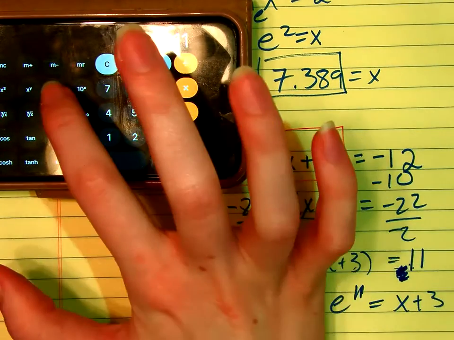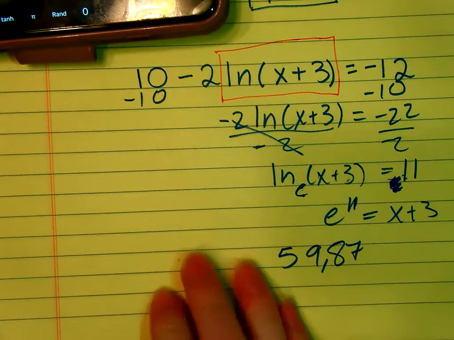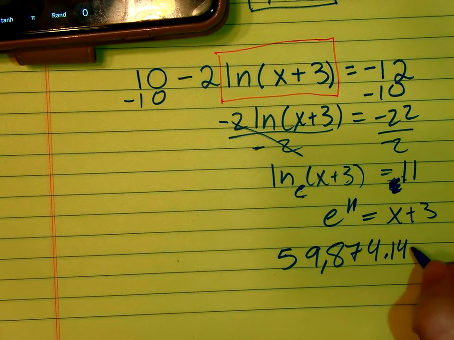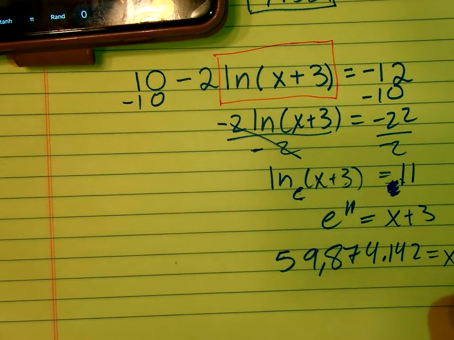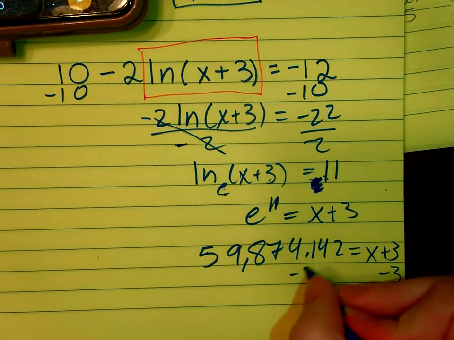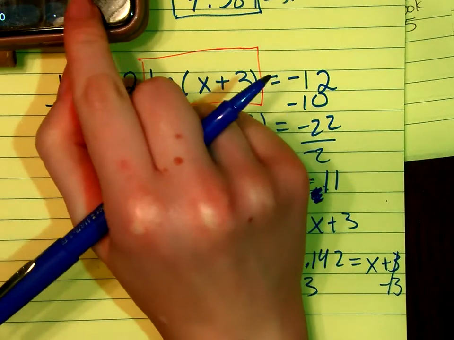So then I get 59,874.14, which rounds to 2, equals x plus 3. Go ahead and subtract 3, that cancels, so minus 3.